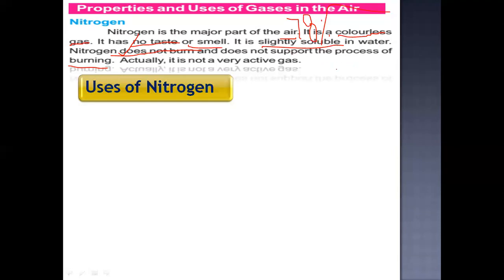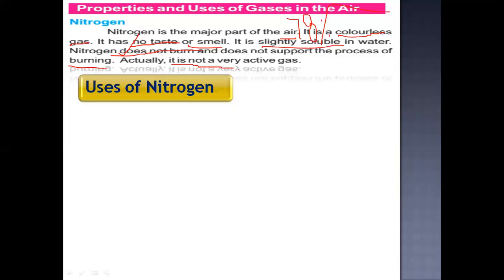So oxygen is 21%, and 78% is what? Nitrogen. Due to this property, we can burn in a limited way. Otherwise, a very little spark could cause great damage, a great explosion. This is only due to nitrogen gas, because it does not burn and does not support the burning process.